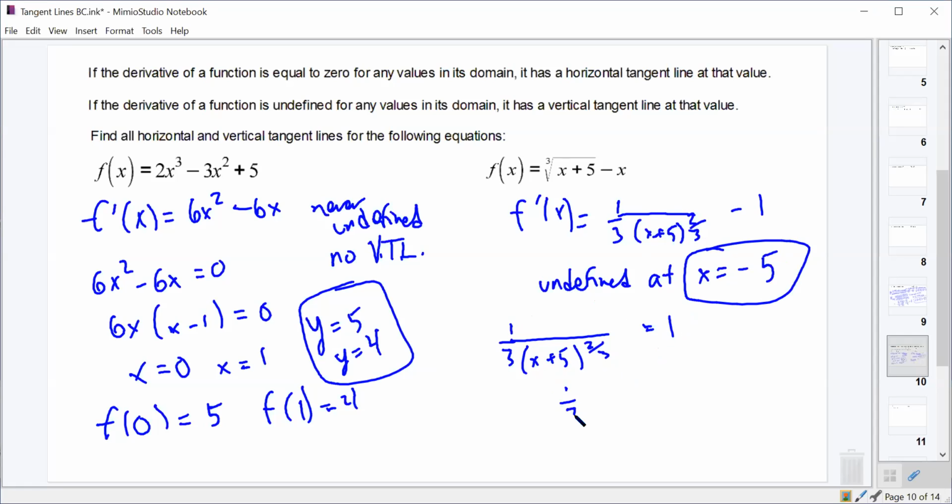So we'll have 1/3 equals x plus 5 to the 2/3. And we'll have to cube both sides and then take the square root. So x plus 5 equals 1/3 cubed, which is 1/27. So the square root of 1/27 minus 5.